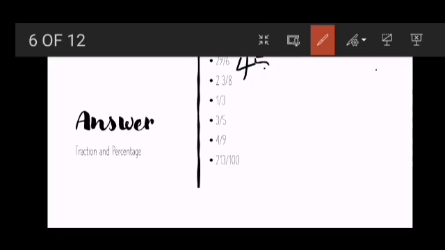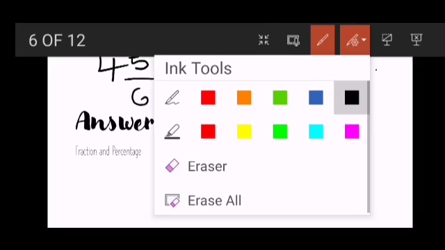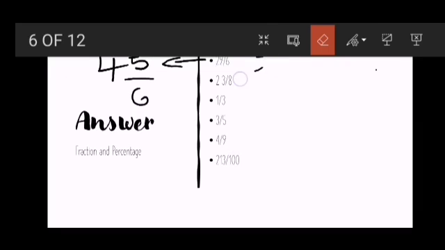I'm going to be writing the answer here so you guys can actually see clearly. 4 whole number 5/6, that's the first one. If you got that, good for you. We have to erase that and do the next one.